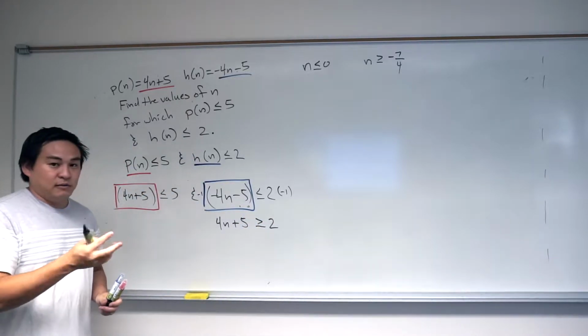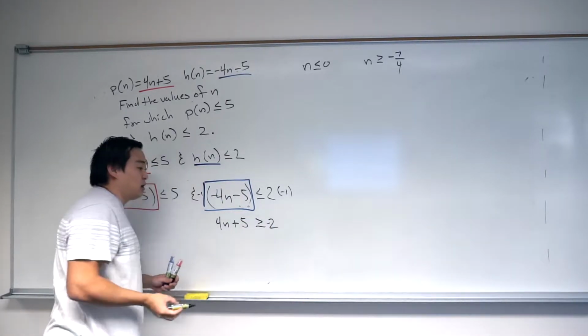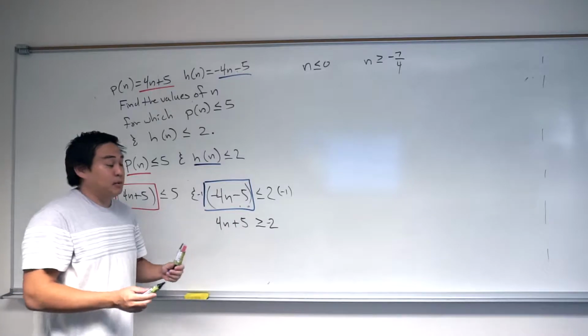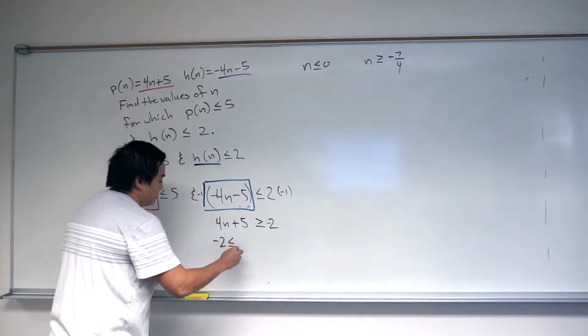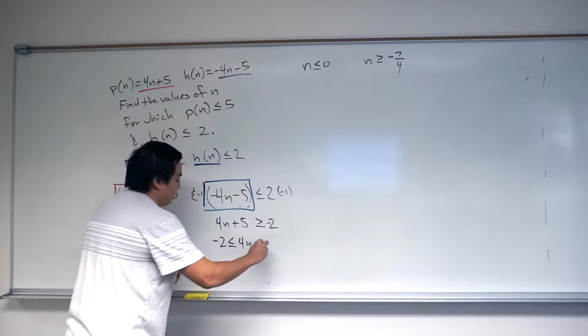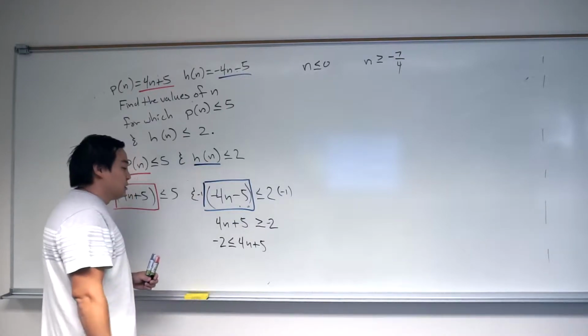Now, inequalities can flip as long as the things that it points to are the same. So in other words, I can put this on the other side. It's -2 is less than or equal to 4n plus 5. And notice that the arrow is still pointing at the same number.